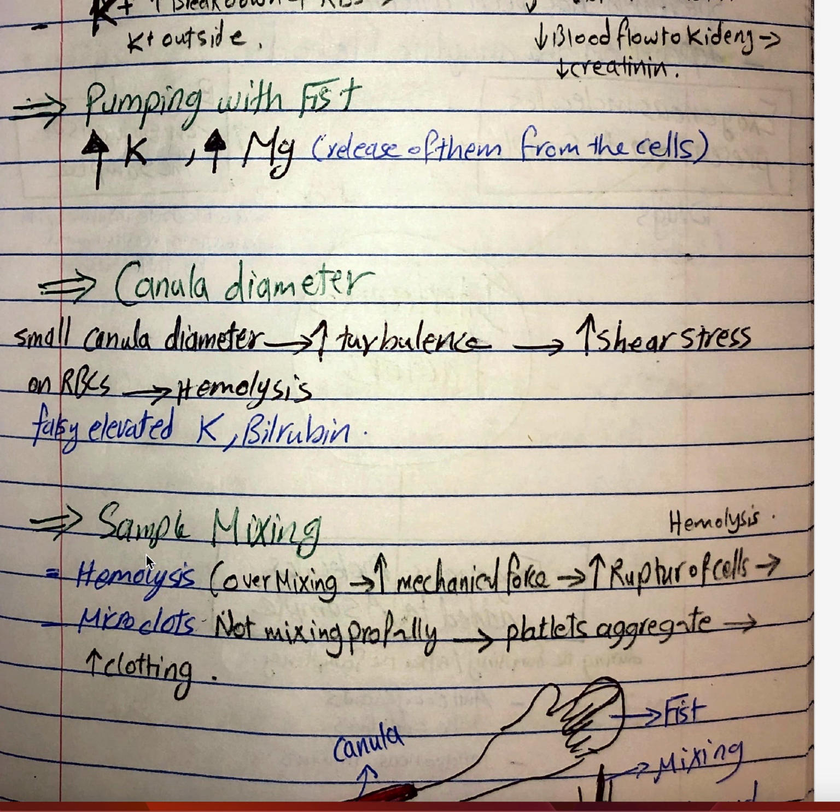But maybe we are not mixing it very well, and that leads to microclots, which leads to platelet aggregation, and after platelet aggregation, that leads to clotting. That also leads to false results of clotting tests, like maybe we measure the PTT or something like that, and that leads to false measures.